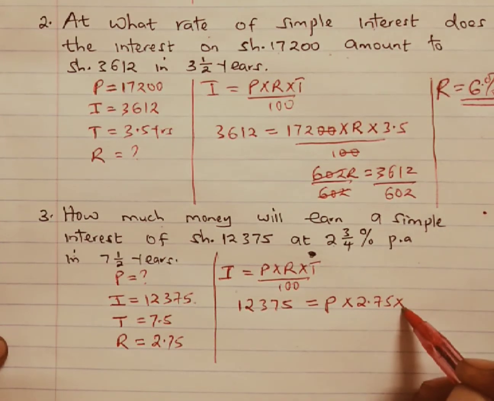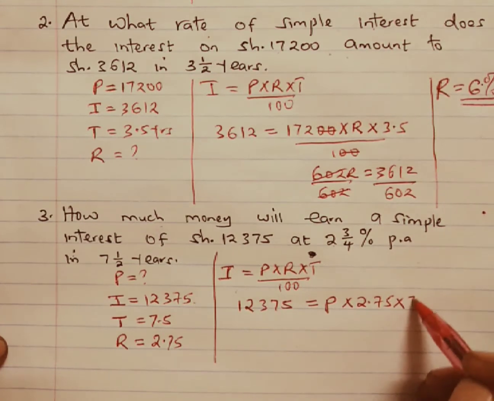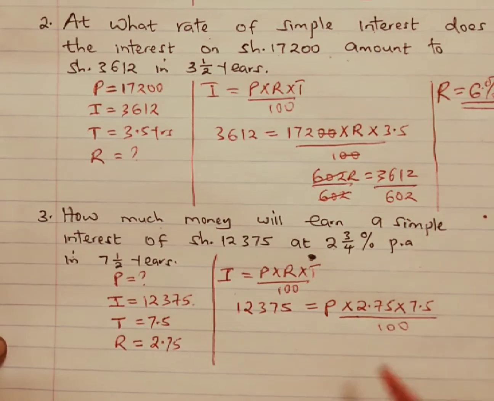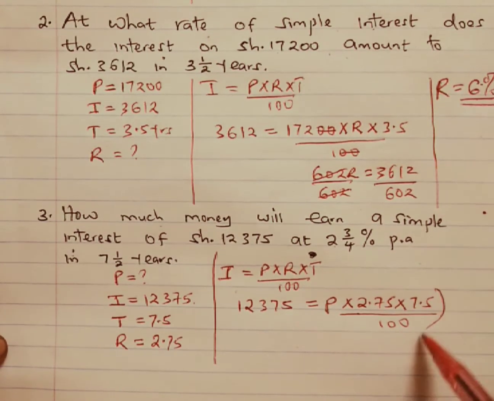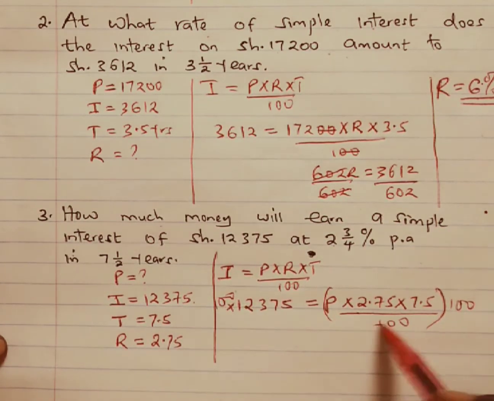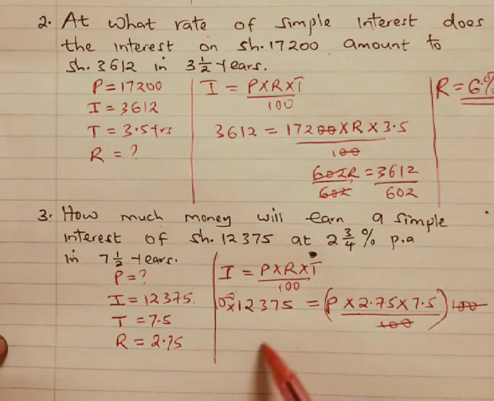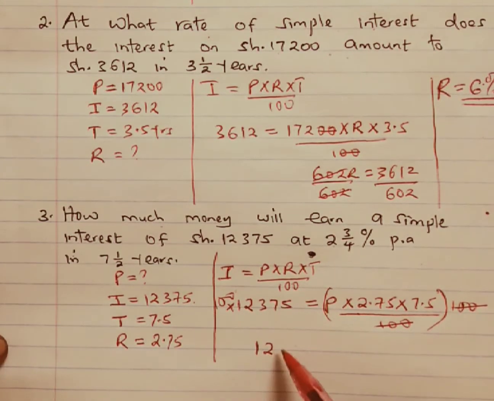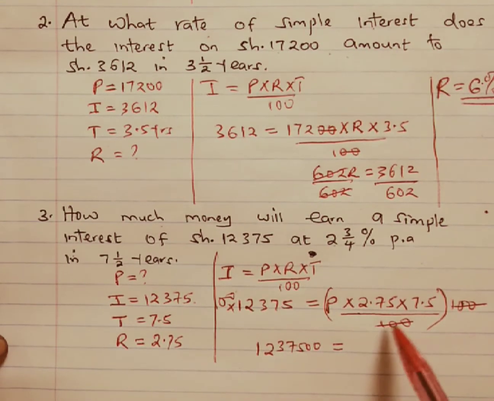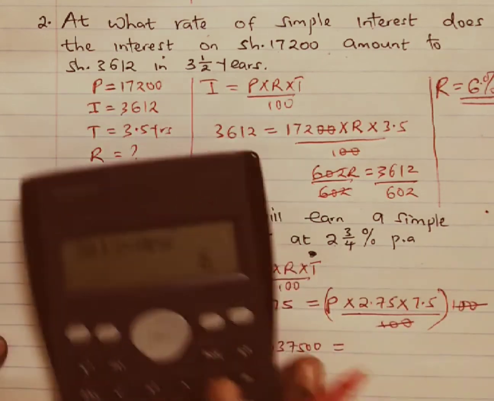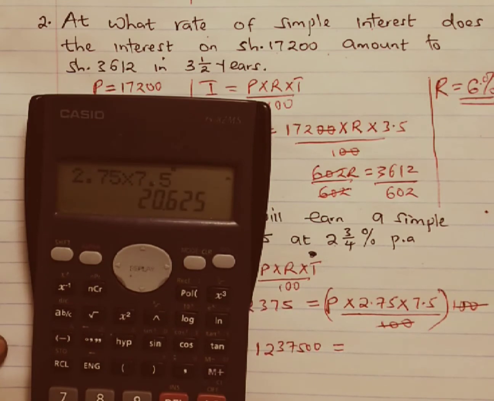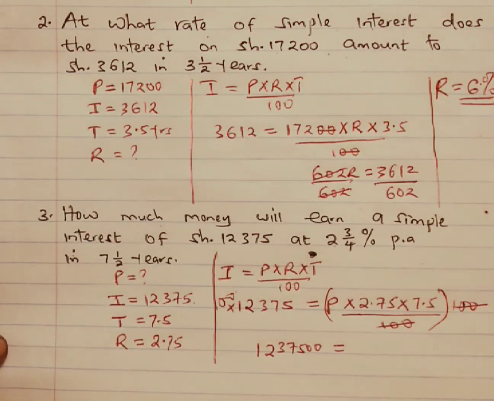We also multiply with the time, which is 7.5, everything divided by 100. So if we multiply by 100 on both sides, 100 and 100 go, so we are going to have 12,375, and this one is going to be equal to 2.75 times 7.5, which gives us 20.625.